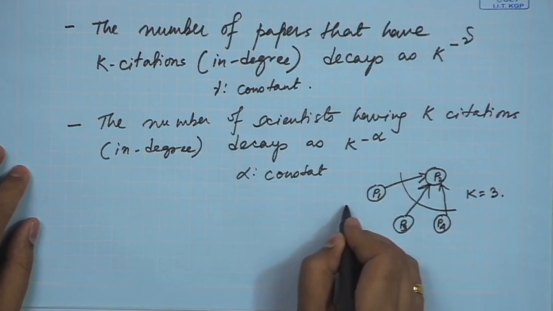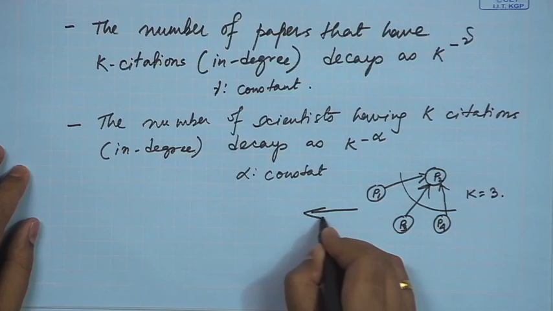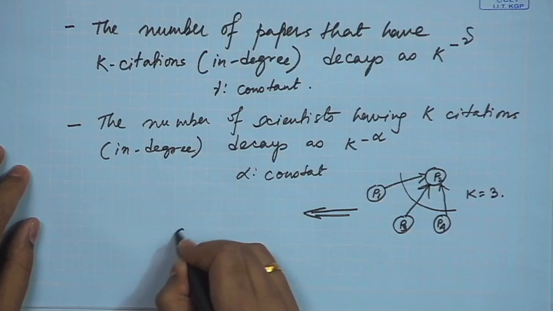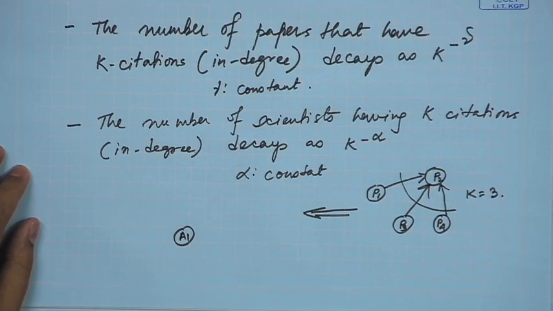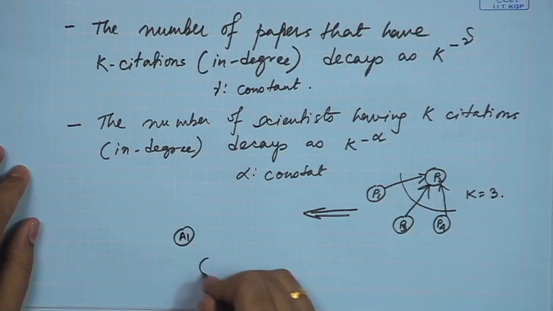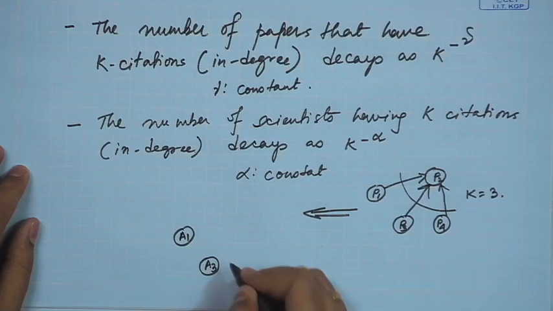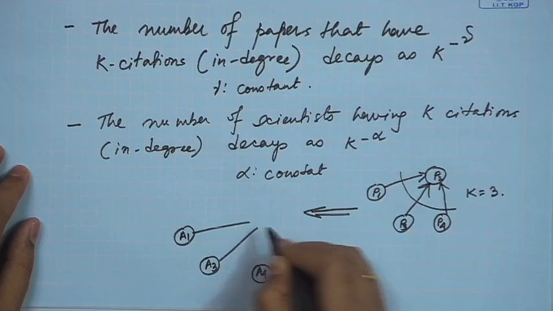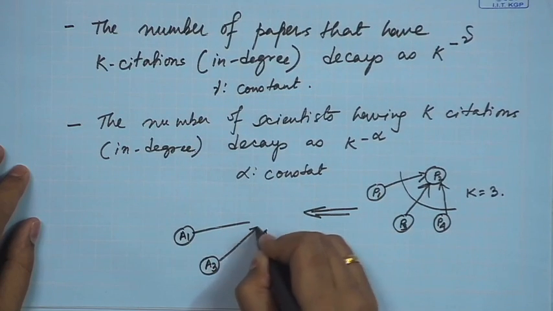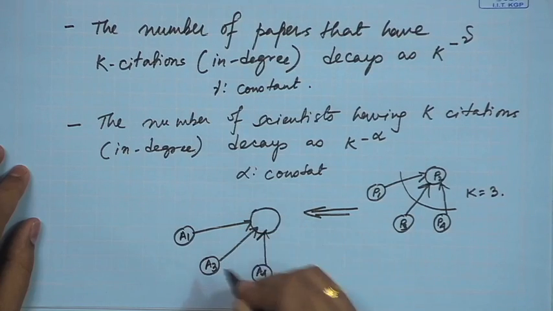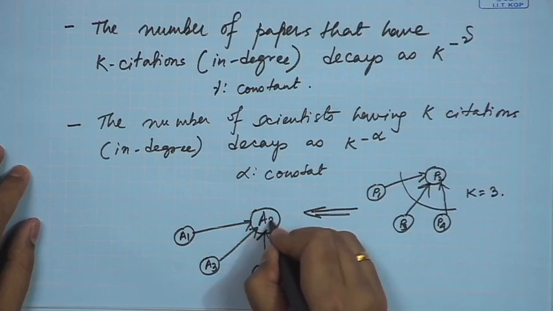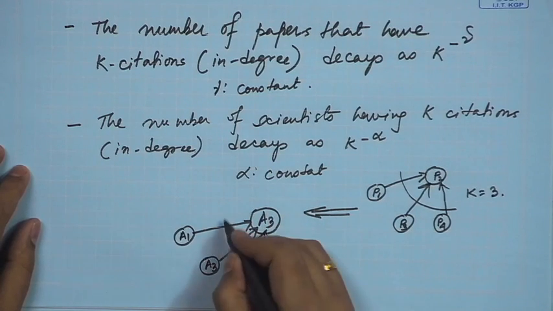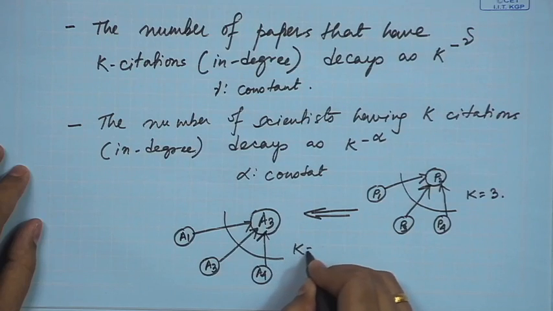Similarly, for the author counterpart, if A1 is an author of P1, A3 is an author of P3 and A4 is an author of P4, and all of them are referring to P2 which has been authored by A2, then the degree here is equal to 3.